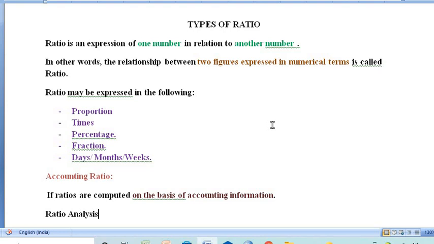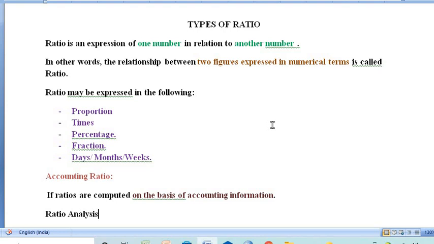For example, we record all expenses, incomes, assets and liabilities which are financial in nature, and maintain the books of accounts. Those information we are analyzing with a tool, that is ratio, finding the relationship between two accounting variables, two financial variables.